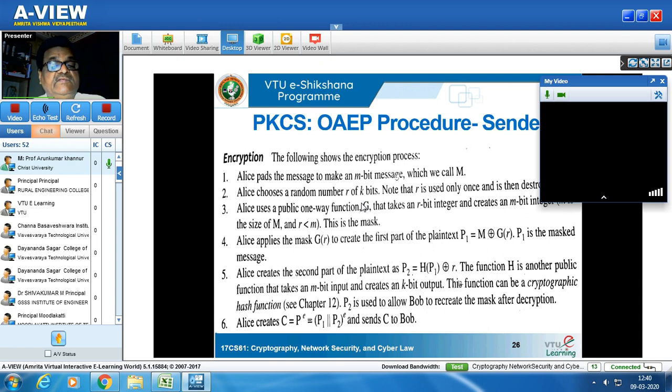P1 is the master message, because the PKCS format expects that first we add 00, then 02, followed by 8 bytes, followed by 00. We add it one by one using the G function of random number generation. After 0002 we go on adding the padded information here.